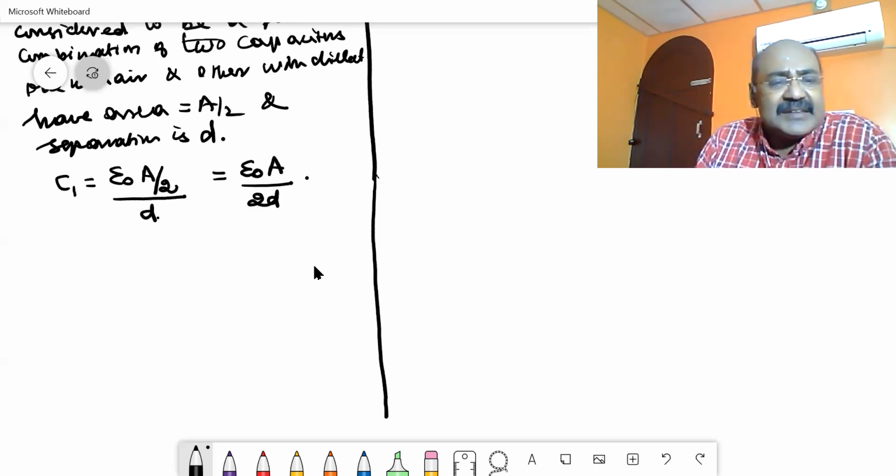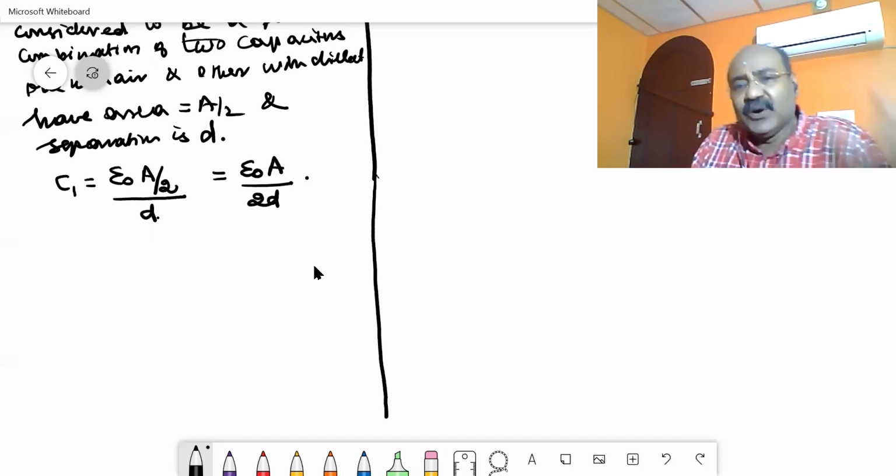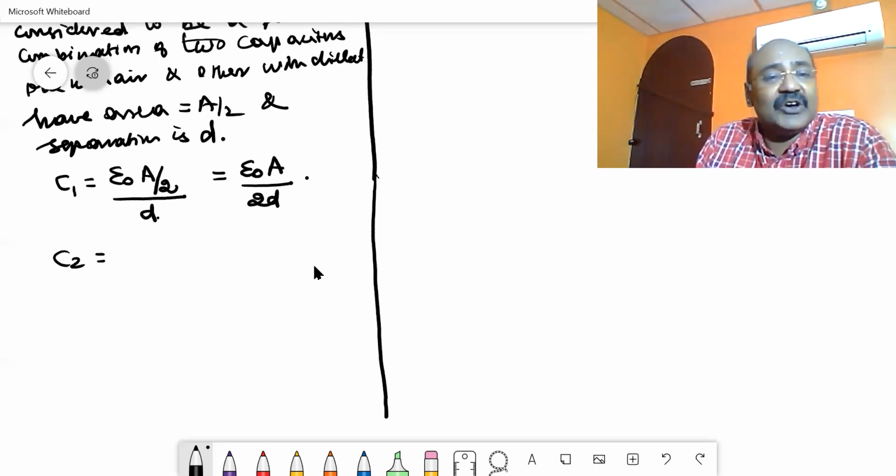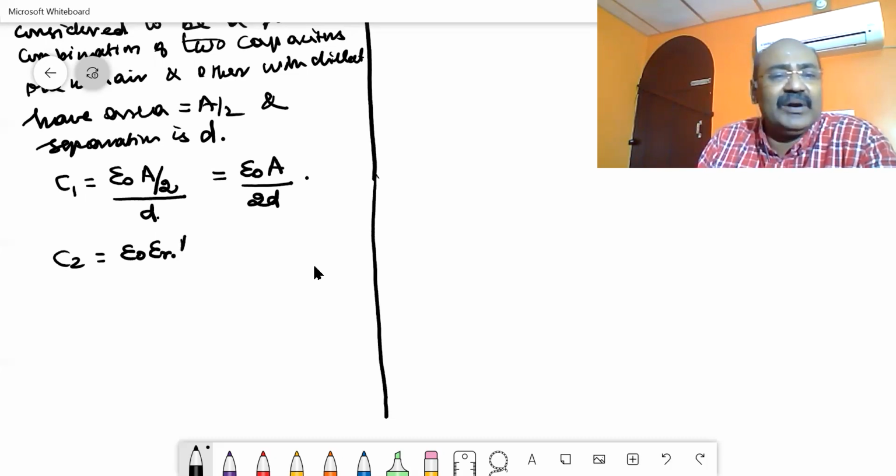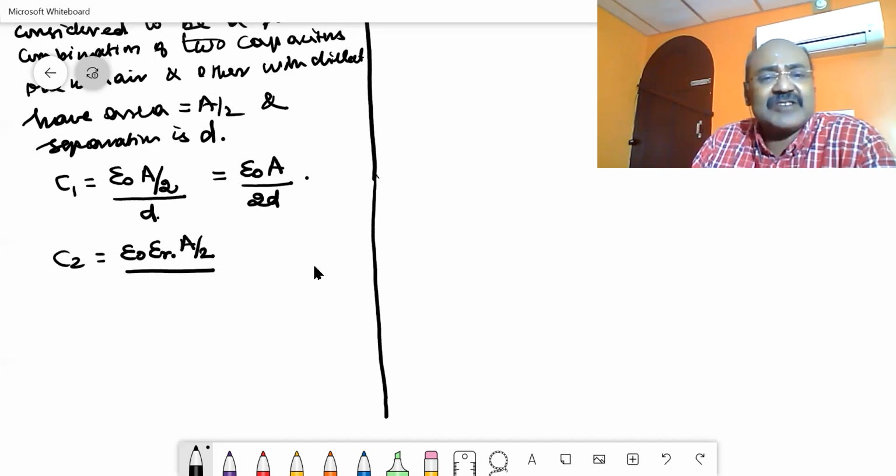Similarly, what is C2? C2 is the capacitance with dielectric. So epsilon 0 into epsilon R multiplied with the same area A by 2 divided by the distance D, which can be written as epsilon 0 into epsilon R into A divided by 2D.